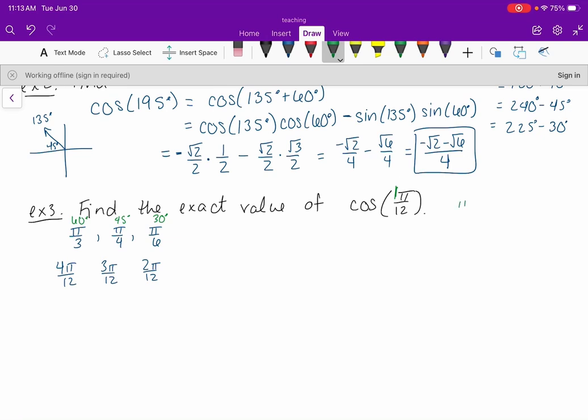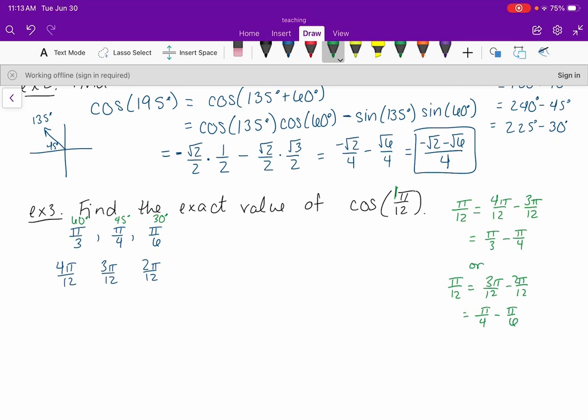But I can do either. For pi over 12, I can either do 4 pi over 12 minus 3 pi over 12, which would be pi over 3 minus pi over 4. Or I could also do 3 pi over 12 minus 2 pi over 12, which would be pi over 4 minus pi over 6.